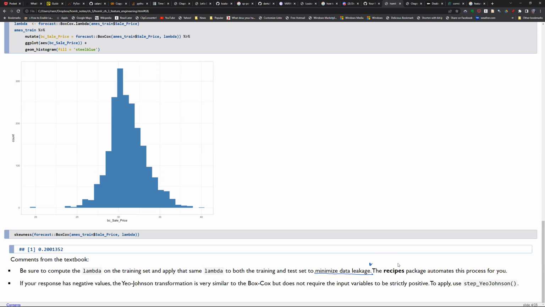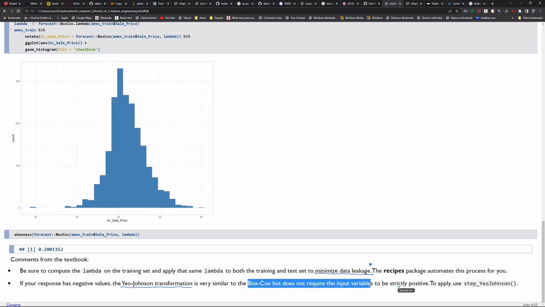For the log transformation, you just need to apply the log. That's it. So the log right now is simpler engineering, and it also gets better results than the Box-Cox. Also, I mentioned that Box-Cox requires that the input variables be strictly positive.